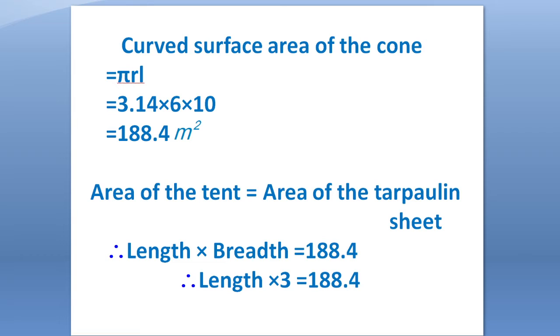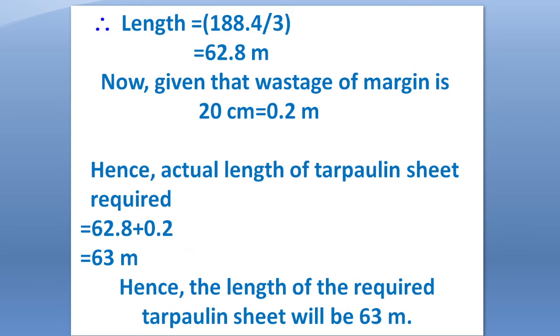Now the area of the tarpaulin sheet is length into breadth, which is equal to 188.4. Breadth is given as 3. So length is 188.4 divided by 3, which is equal to 62.8 meter.